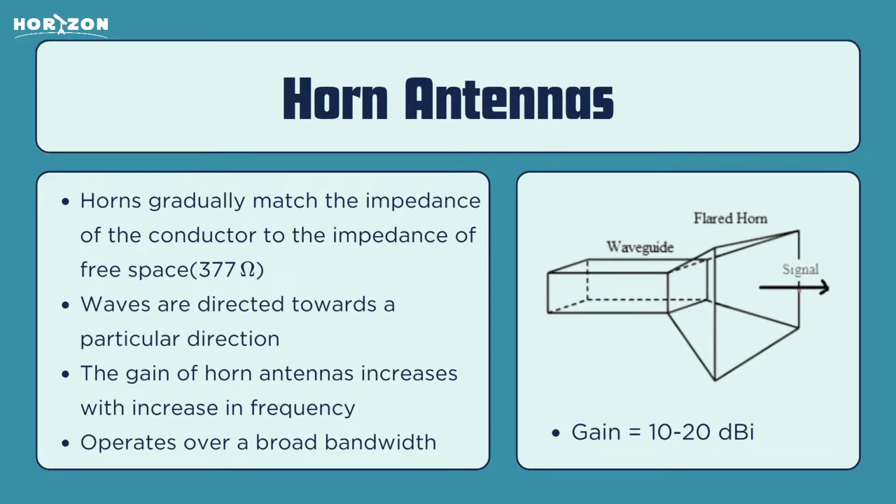If we didn't have this horn, the sudden end of conductive walls would cause an abrupt impedance change, and because of this, you would end up having reflections. Here it reflects back to the source, and it's not like useful reflections. You'll have a significant portion of the radio wave reflected back to your source.